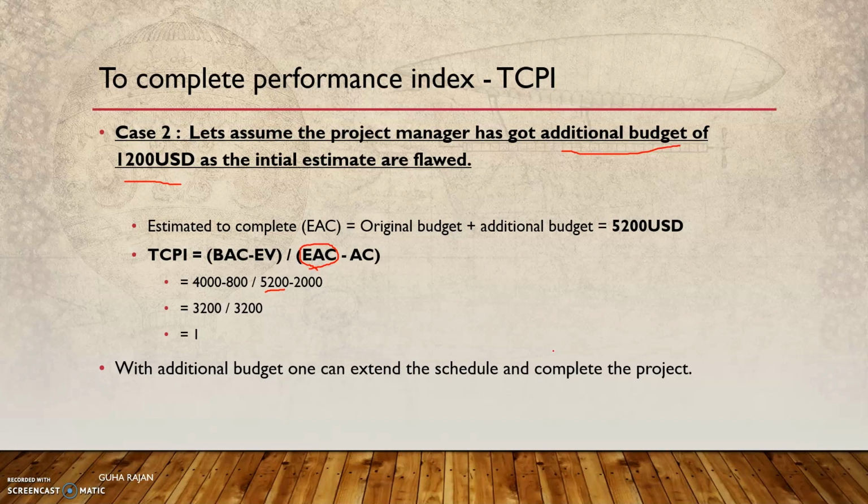Since there is additional budget, you can go ahead and complete the project with it. So this method is used when there is a flawed estimate, then you come out with the estimate to complete. Additionally, you have to revise your plan, baseline the plan, and then work on it so that you complete on track on your revised schedule and revised cost, that is the revised baseline.